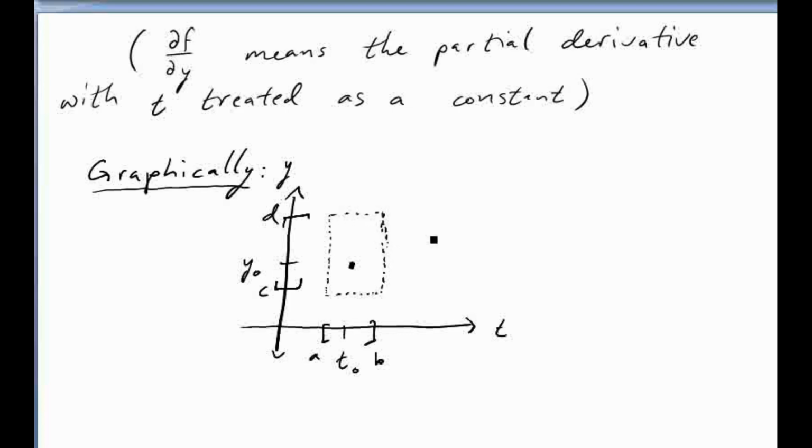This is R. So in other words, if you think about this in terms of, say, the slope field, what we've got is a little part of the slope field surrounding our initial condition on which the function that defines our differential equation is continuous, and furthermore, its partial derivative with respect to y is also continuous. So that's what this means graphically.